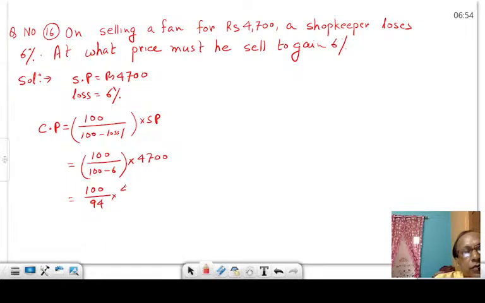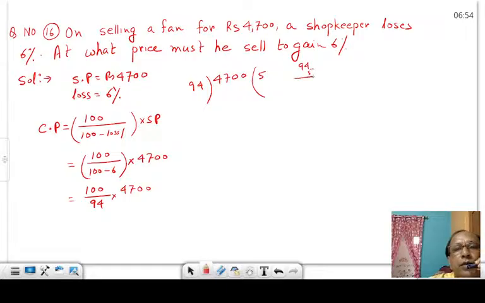So we get 100 by 94 into 4,700. Let's find what we are getting. Actually we have to divide 4,700 by the number 94, that is 50.